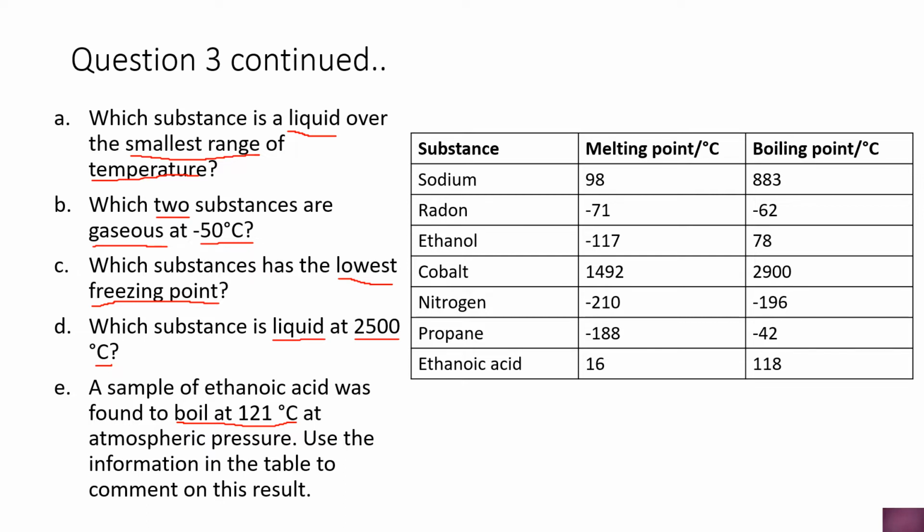But according to this question, this sample boils at 121. But in this table they have given us the boiling point of ethanoic acid as 118. So you have to find the answer. Why is it like that?